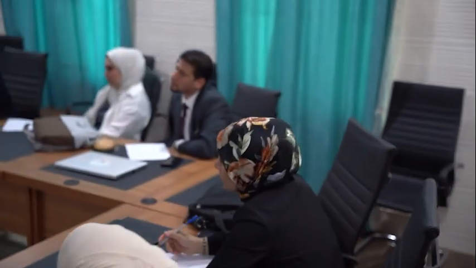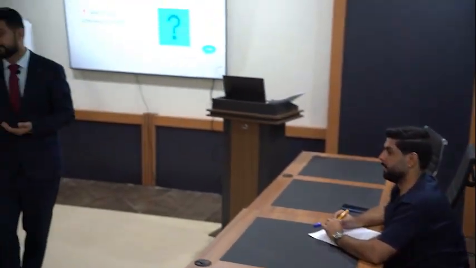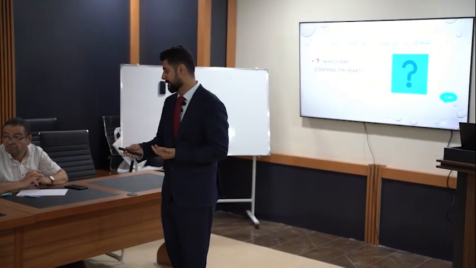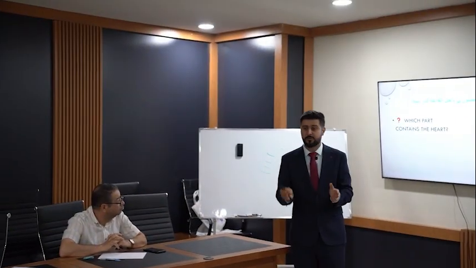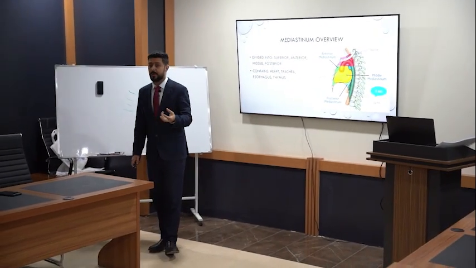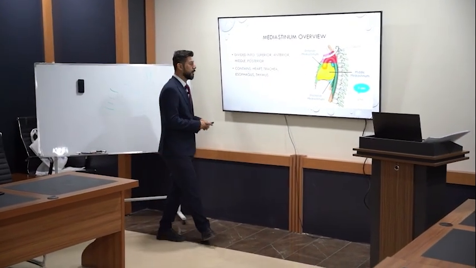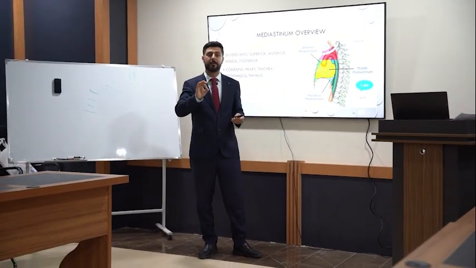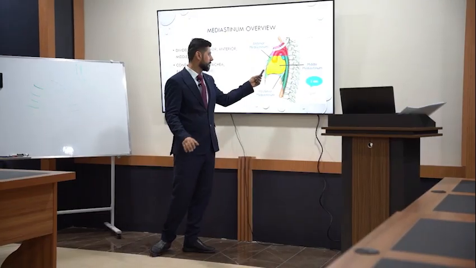Yes. Anterior part. Posterior part. Anterior part or middle part? So, actually, because it's the most important or vital organ, it is located within the center, the center of the thoracic cage or thorax.